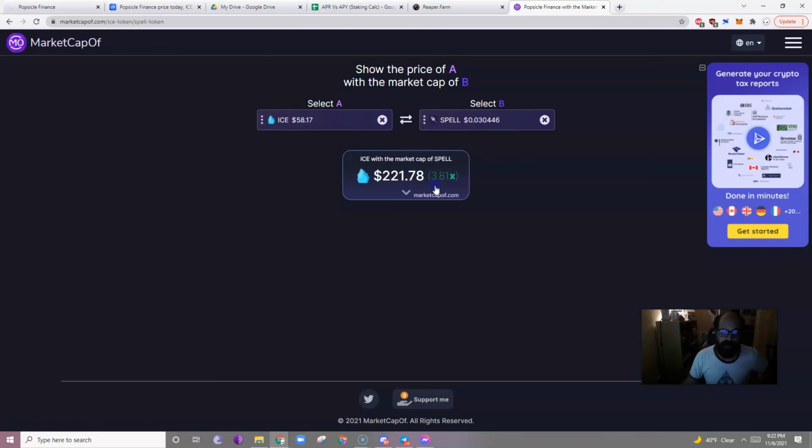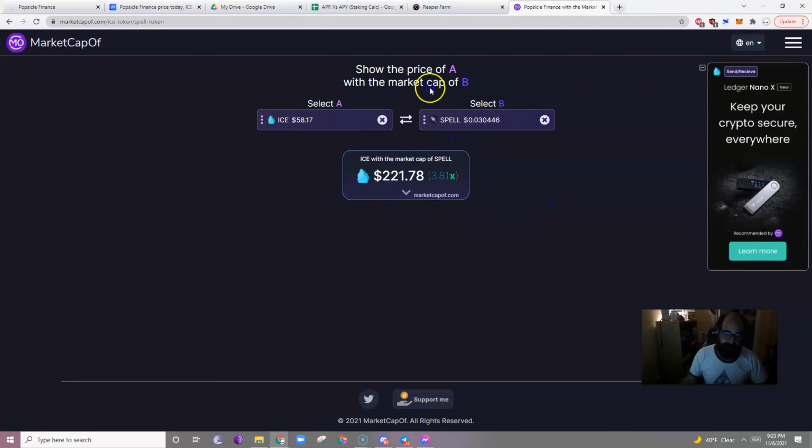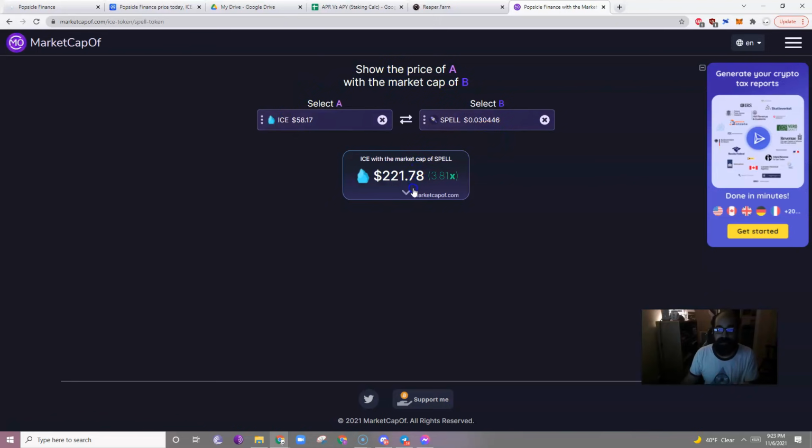hopefully across multiple chains. So I hate to be bullish on something, and I hate to recommend anything financially, so I'm not gonna. But I'm simply going to present this data to you, right? ICE, which serves the same function as Spell does on Abracadabra, if ICE had the same market cap, would be 3.81x.